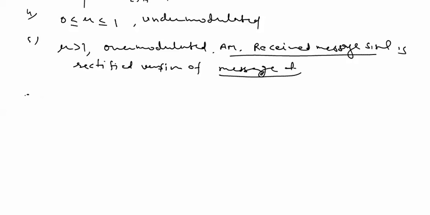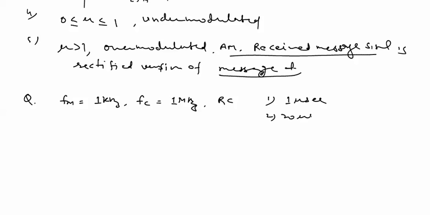Take a simple question. If the message signal bandwidth is given as 1 kHz and the carrier frequency is 1 MHz, calculate the appropriate value of RC from the following options: 1 microsecond, 20 microsecond, 250 microsecond, fourth 500 microsecond.